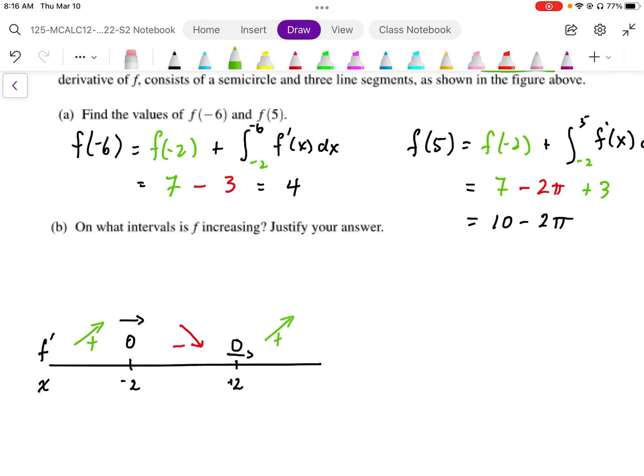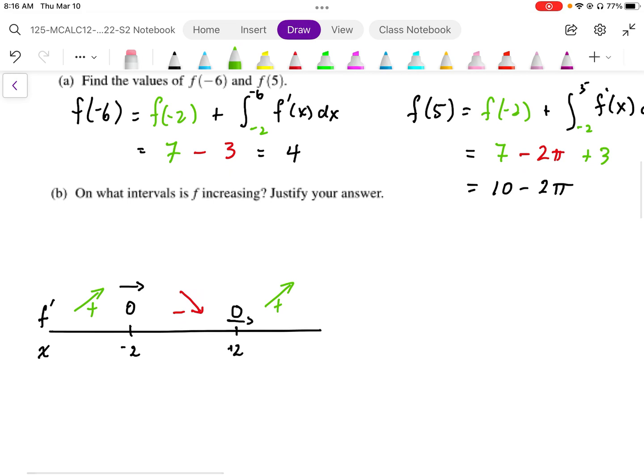So our justification is going to be our slope chart here, and what intervals is it increasing? Well, it's the positive intervals, so it's going to be increasing from the endpoint -6 to -2, and it's going to be increasing from +2 to +5, which is our endpoint. So those are the increasing slope regions.